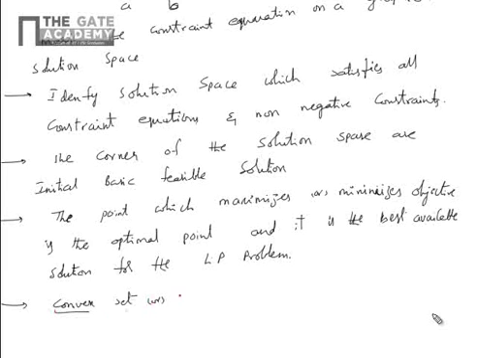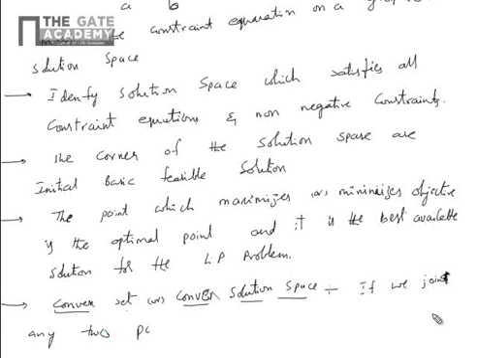A convex set or convex solution space is one where, if you join any 2 points in the solution space, then the entire line has to stay in the solution space.